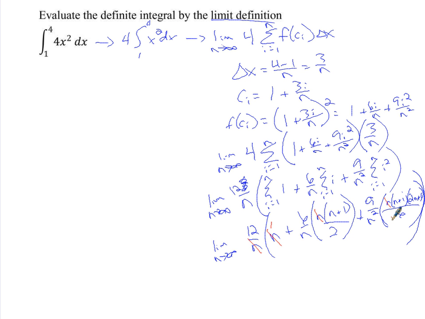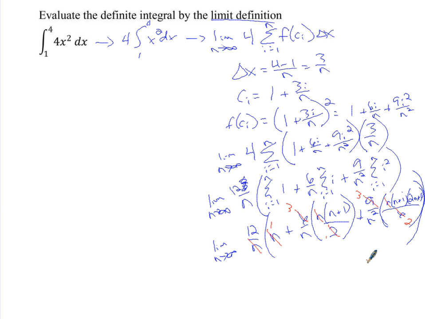Anything else? The 6 and the 2 can reduce. This is now 1, and this is 3. That's a 9 and a 6, so that can reduce to 2 and 3. Anything else? Okay, that's plenty of canceling.